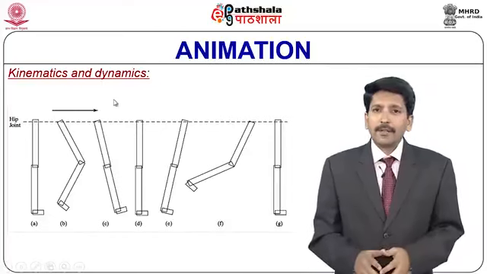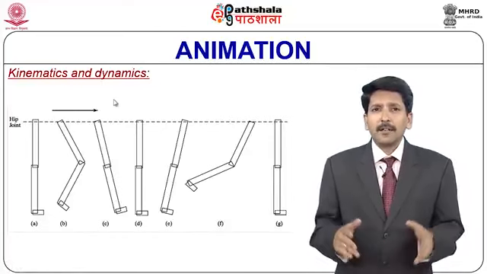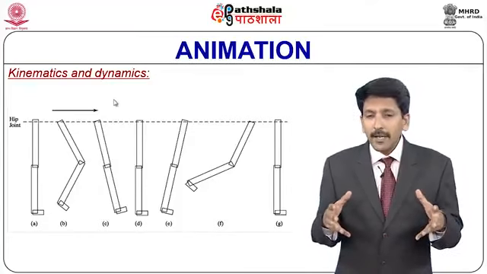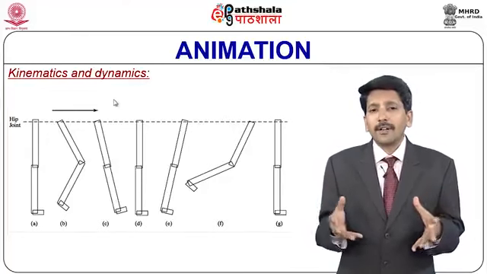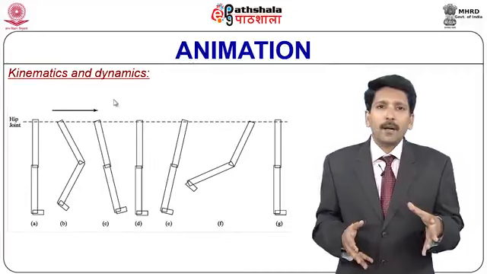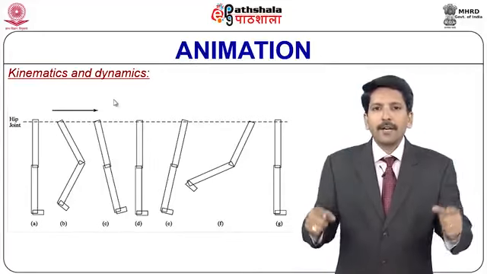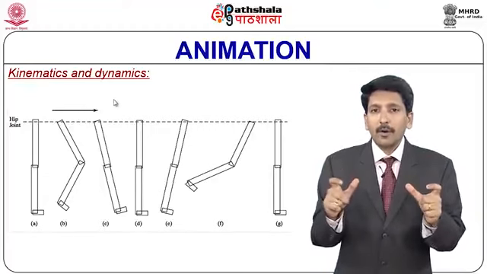Kinematics and dynamics is next, and the most discussed in the literature. What is kinematics? It is imitating human like movement and giving human like movement to artificially created characters. For example, suppose you have created a human character in 3D using 3D software.